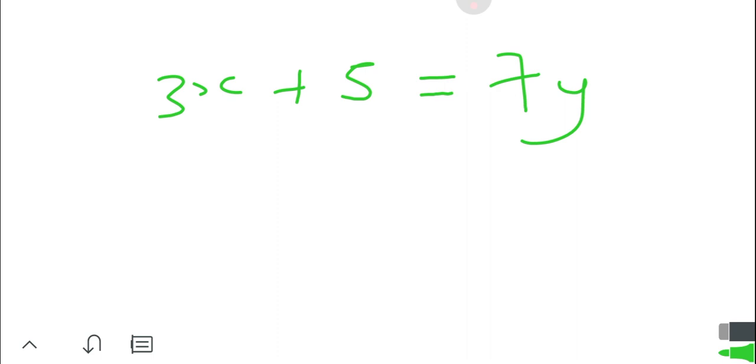Change of subject simply means that the subject of an equation is the number or variable that is standing alone on one side of the equal sign. So you can see that 7y is standing alone, so the subject of this equation is 7y. It is the focus of the equation.